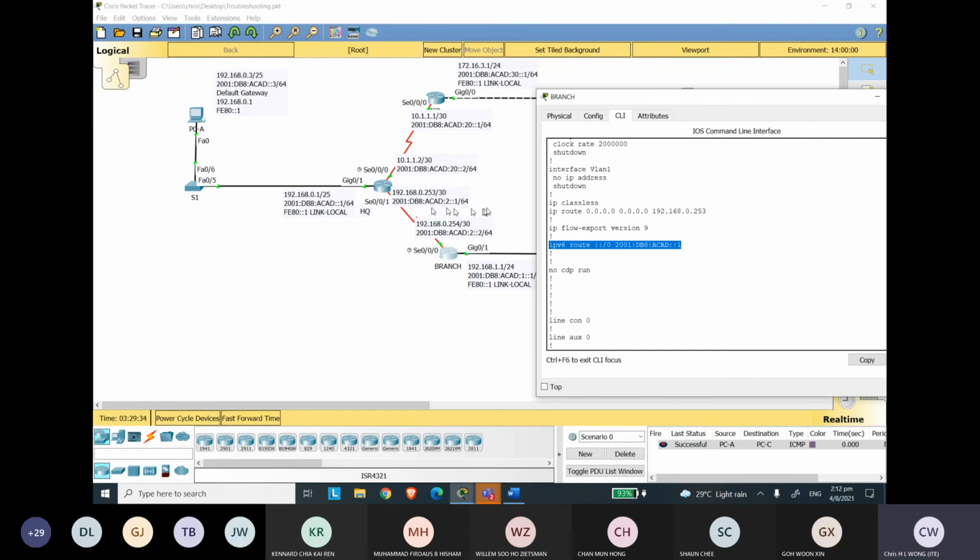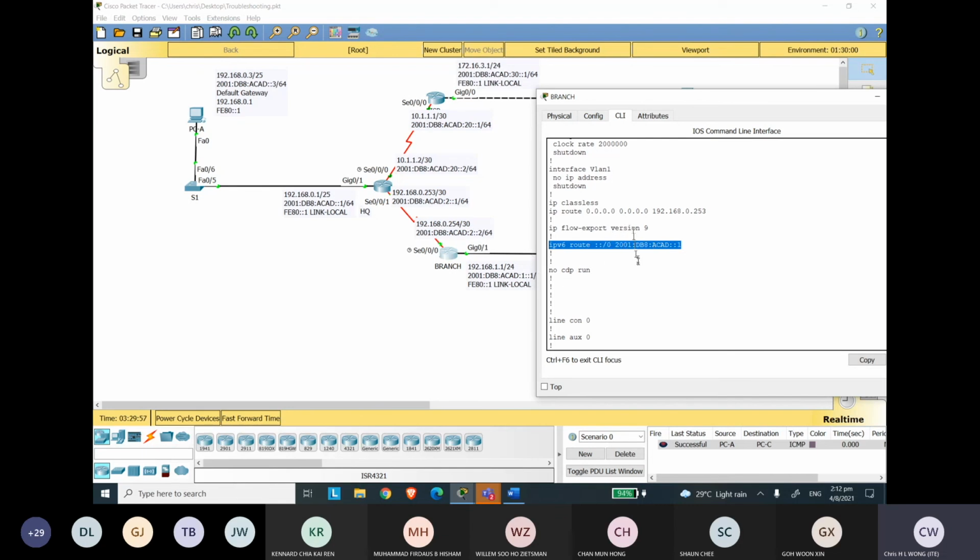What is the next hop address? The next hop address is 2001:DBA:ACAD:2::1. There's no 2 in the address, so the address is configured wrongly. That's why it doesn't show.